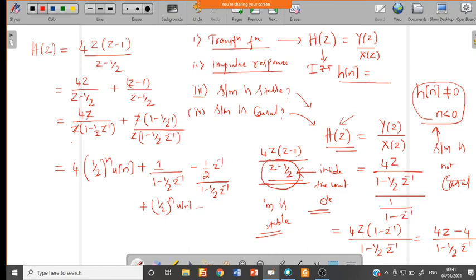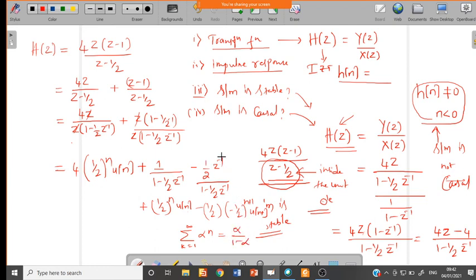So we can write it as half into half power n plus 1 into u of n plus 1, because we know from summation k equal to 1 to infinity, if you have alpha power n, we can write it as alpha by 1 minus alpha.